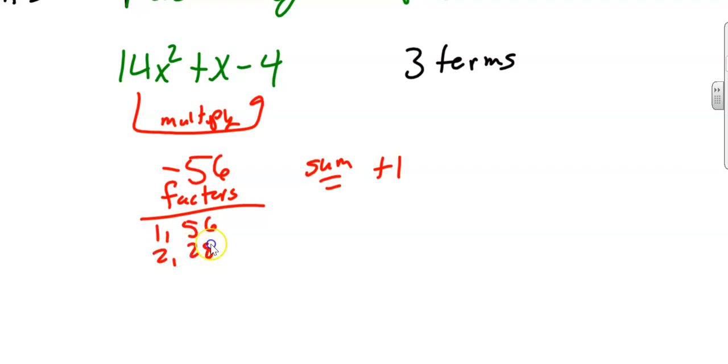It's not going to be 2 and 28. 4 and 14, 6 doesn't go. The next and only pair left is 7 and 8. Okay. The B term is positive, so the bigger number has to be positive. If you do a negative divided by positive, the other number has to be a negative.